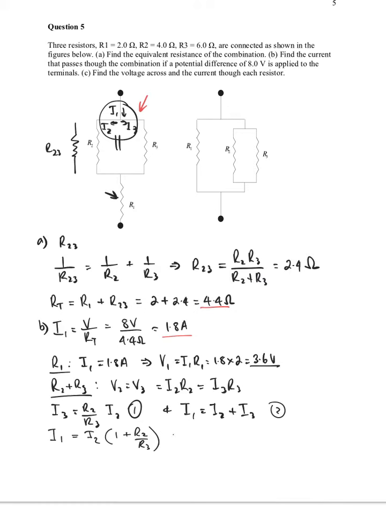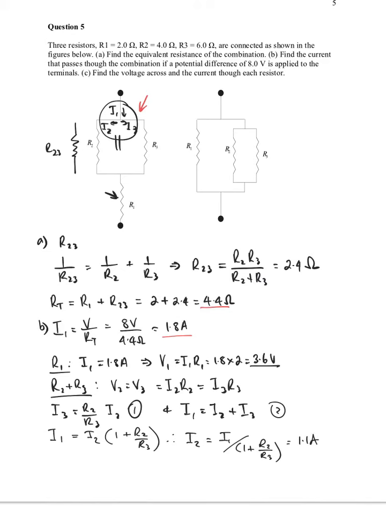Just by rearranging that expression, I2 is going to be I1 divided by (1 plus R2 over R3). And that's equal to, when you put the values in, 1.1 amps.